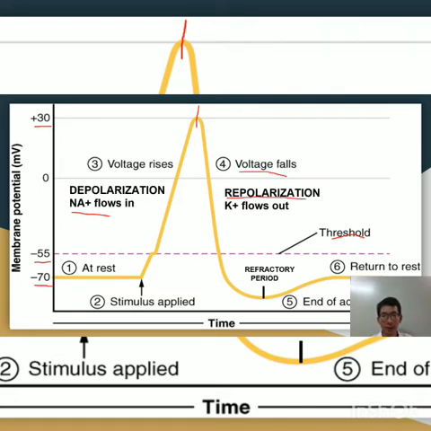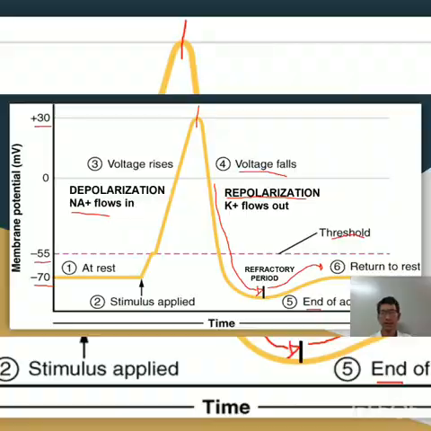It will continue until the refractory period, which is the end of the action potential, and it returns to the resting state. This will keep continuing until it reaches the axon terminal.